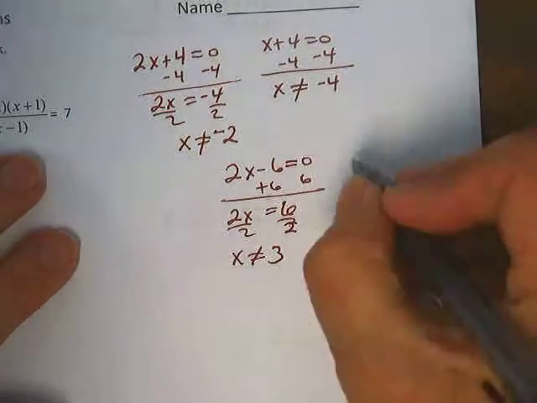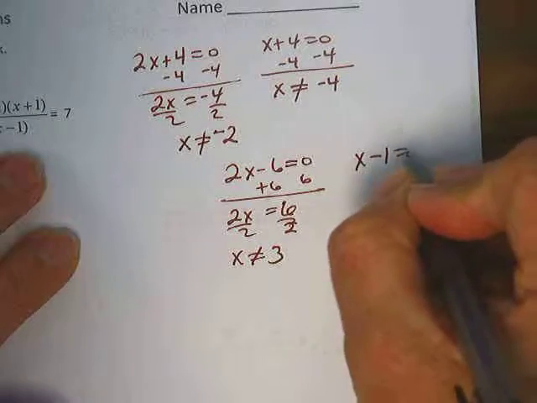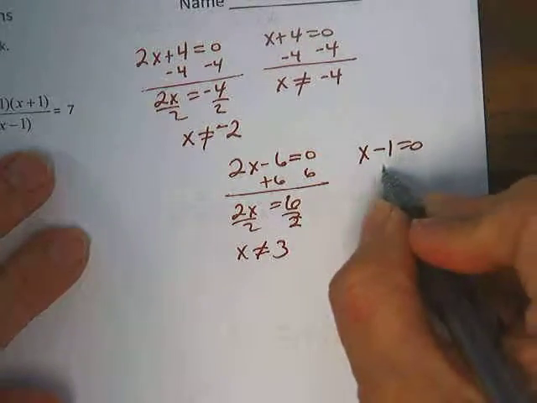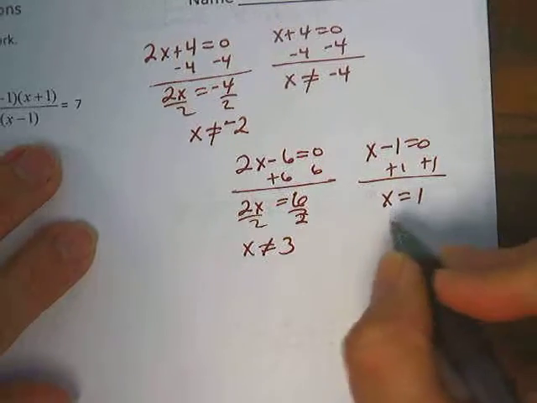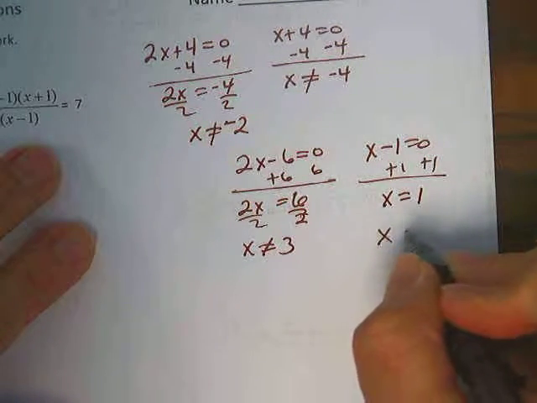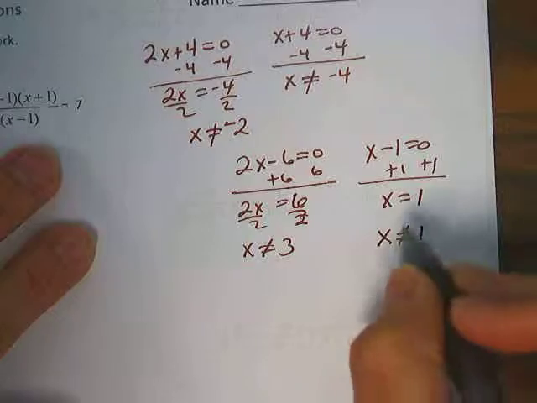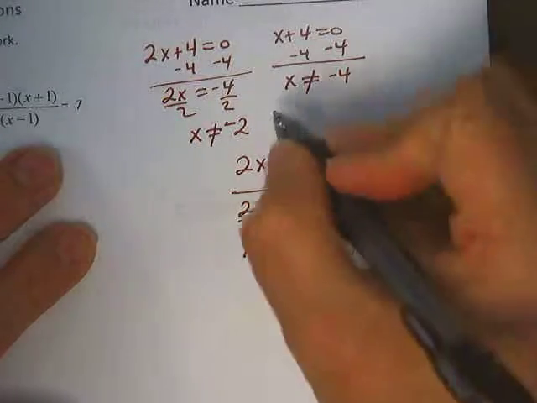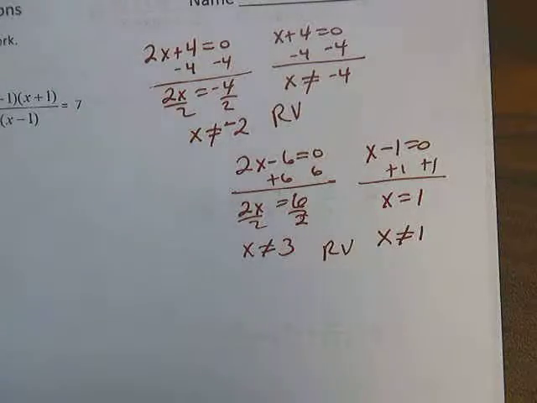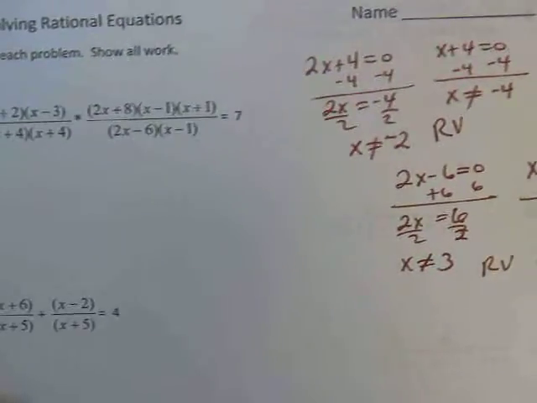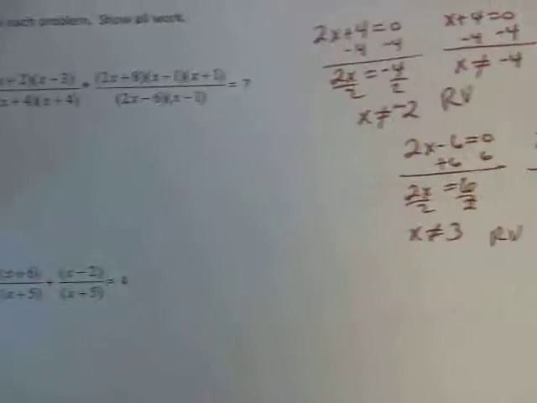And our last denominator, x minus 1, we set equal to 0 and solve. So we get x equals 1, so that means the restricted value is that x cannot equal 1. So restricted values, again, are the ones that you cannot have for your x because they make the denominator 0.